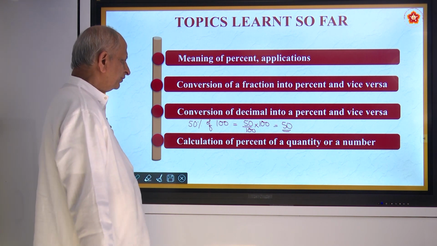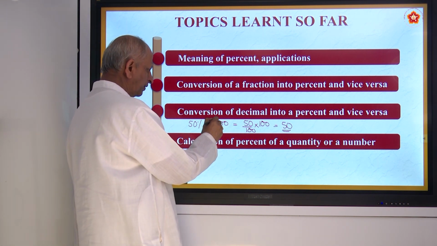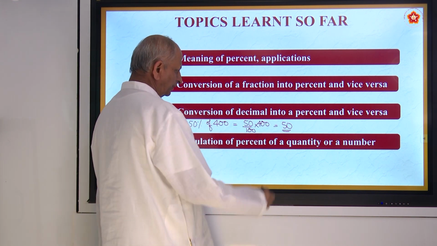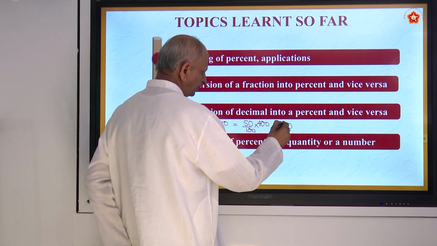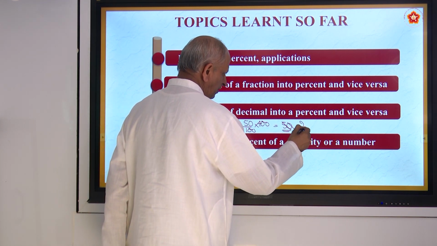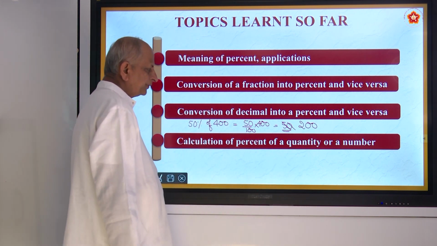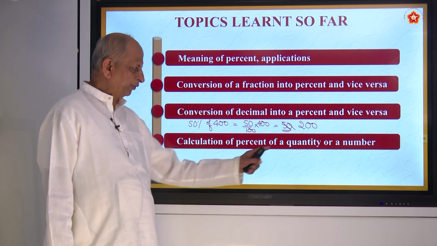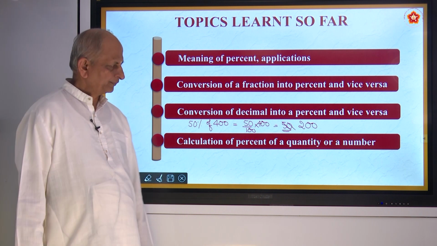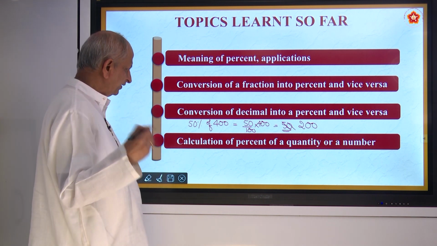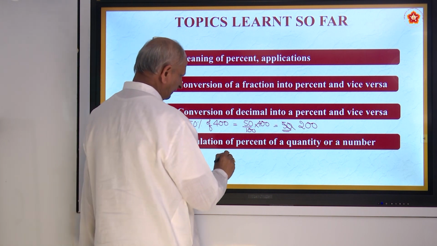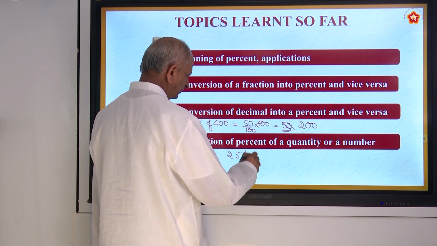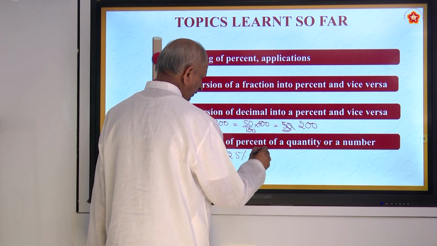Is it not? Suppose you have 50% of 400. How much does it become? The zeros cancel, it becomes 200. That is how we have seen in the previous class. It may be of a quantity also. If you take 1 kg, say 25% of a kg. 1 kg means how many grams? Say 100 kg you can take.